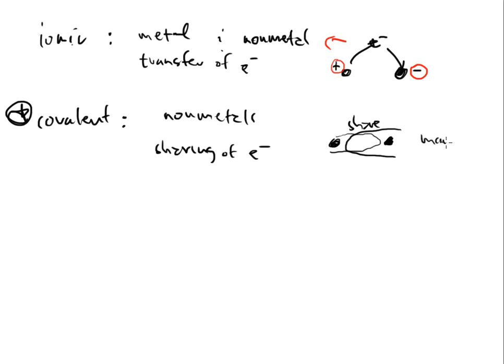Think of this as a marriage, and think of this as a divorce. Ionic compounds are basically divorced. They split, they are separate. One gives up something, the other one takes it. Covalent, on the other hand, that is a nice, perfect little marriage.